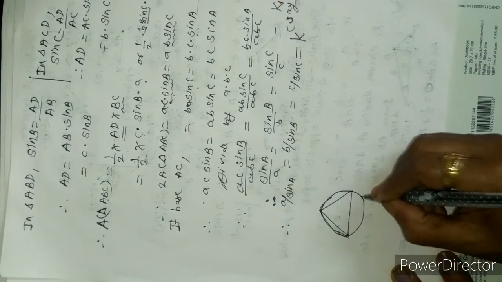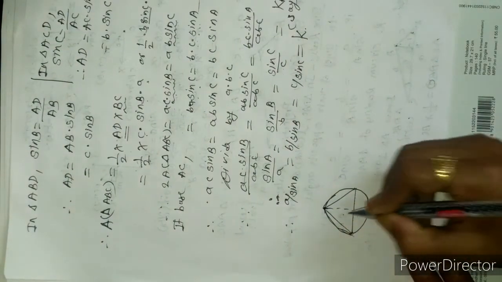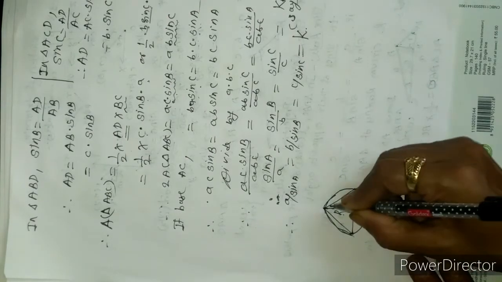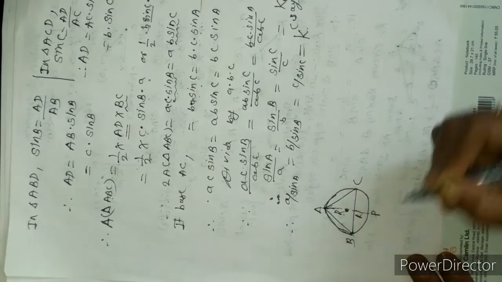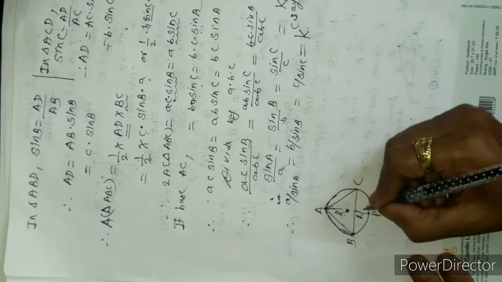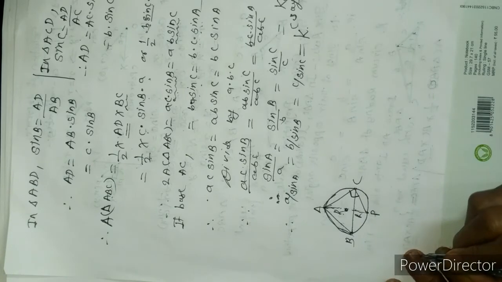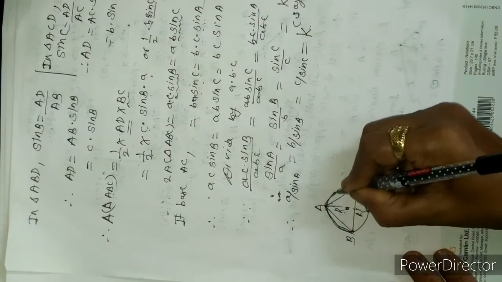But here we take a general, arbitrary figure. This is the center, and this R is the radius. Let P be another point, so this diameter AP makes a right angle at the vertex C, which lies on the circle, since the angle in a semicircle is a right angle.